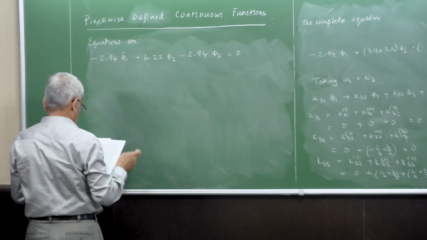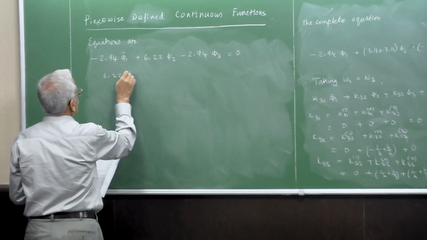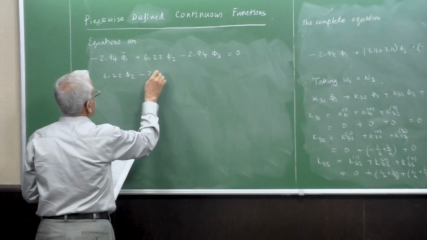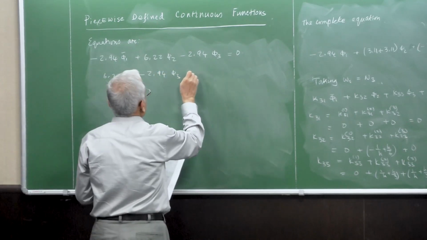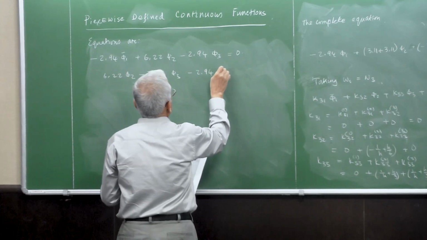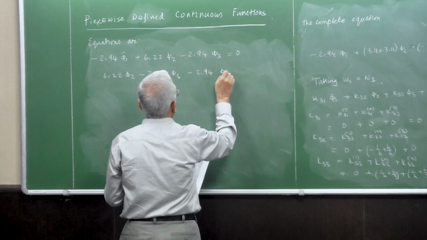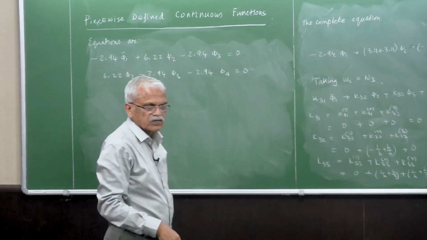And the other equation now here is 6.2252 minus 2.9453 and minus 2.9454. So these are the two equations.